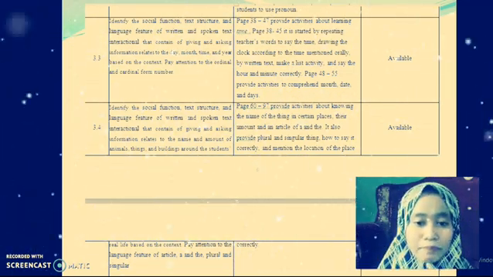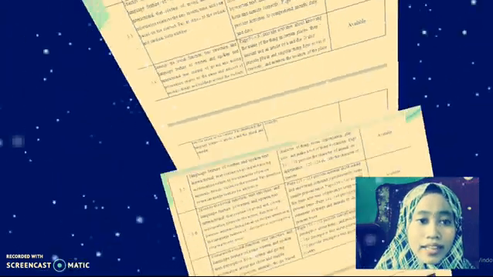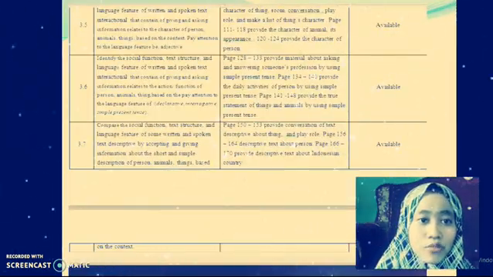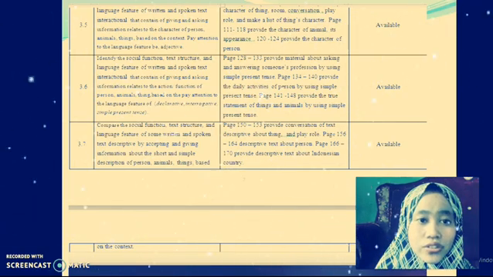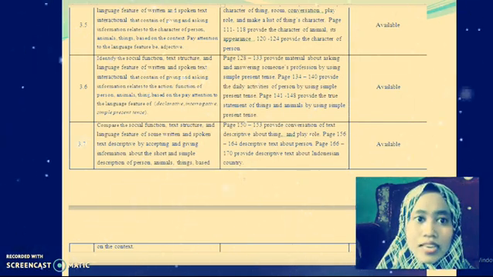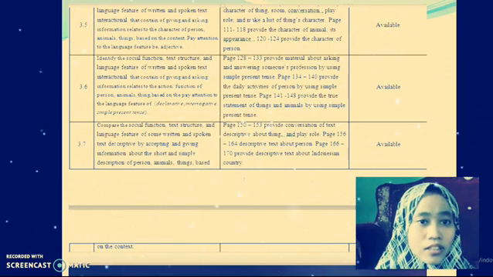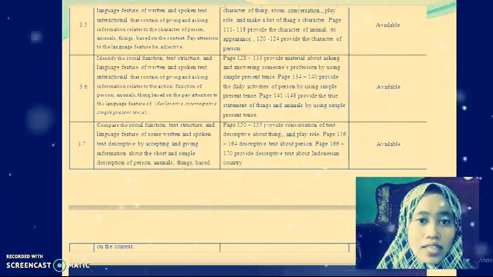And next, basic competence 3.5, language features of written and spoken text instructional that contain giving and asking information relates to the character of person, animals, things based on the context.